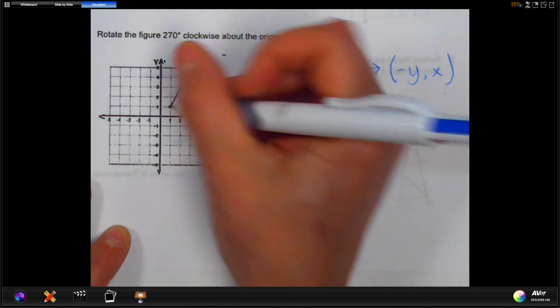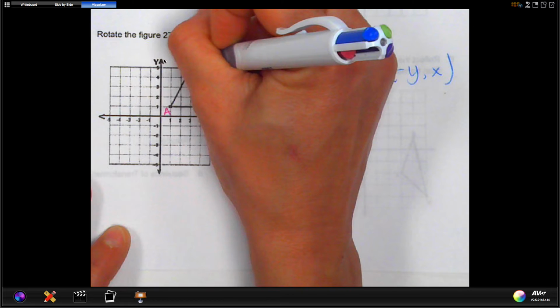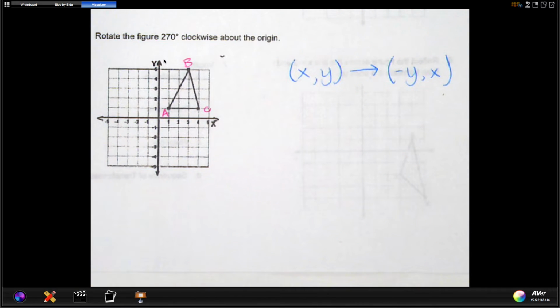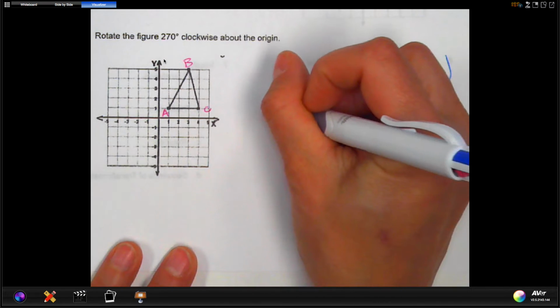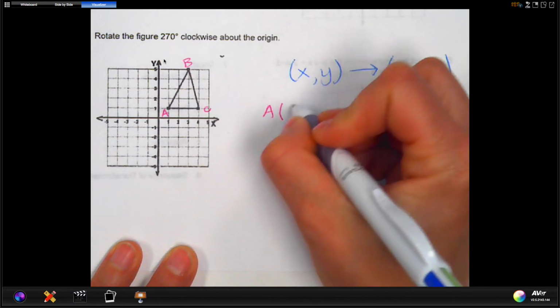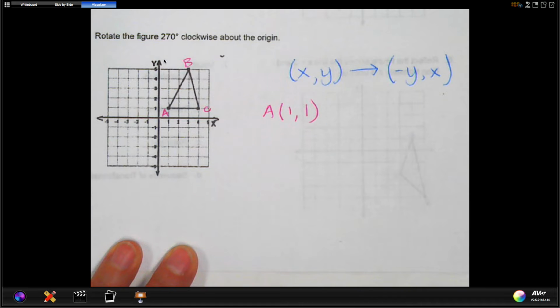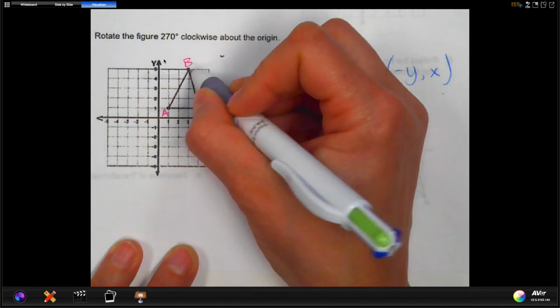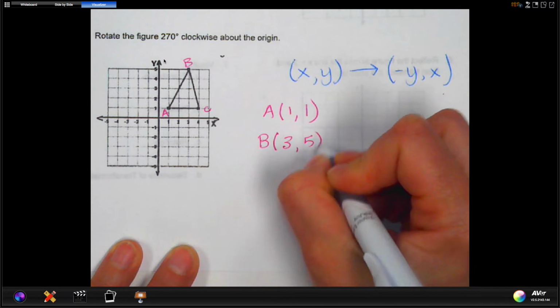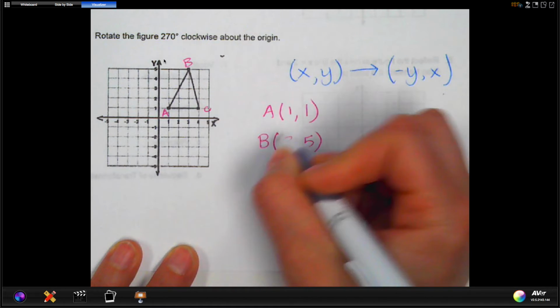So I'm going to label this A and B and C. And in order to do this, we need to list our originals. So our A is at the spot 1, 1. It's right 1, up 1. B is at the spot 3, 5, right 3, up 5. And C is at the spot 4, 1.